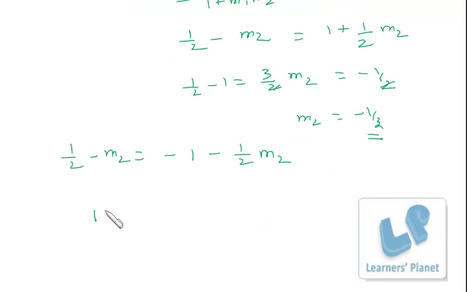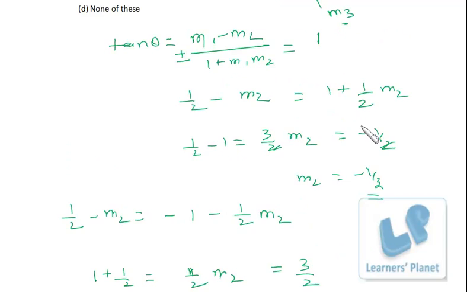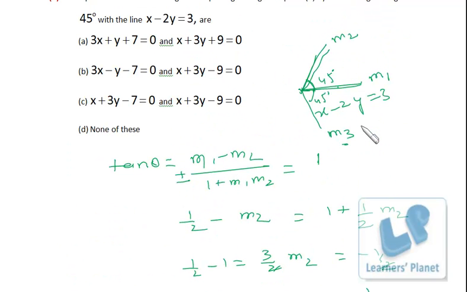Now 1 + 1/2 = m2 - (1/2)m2, that is (1/2)m2. So (1/2)m2 = 3/2, which means m2 is equal to 3. So the slope of one line is 3, and the slope of the other line is -1/3.